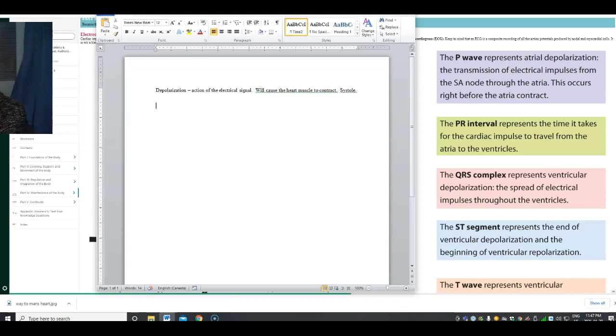Then we look at the opposite, and that's repolarization. And that is the re-establishing of the electrical potential.